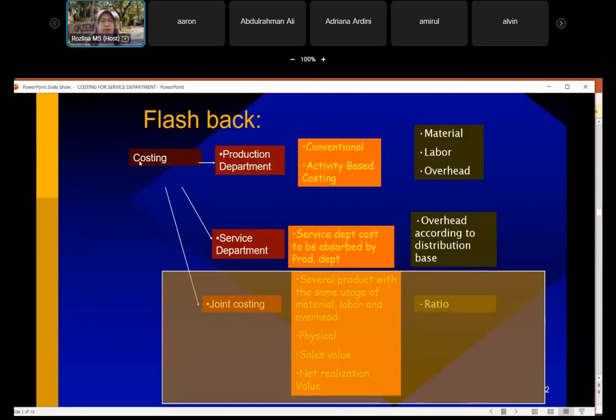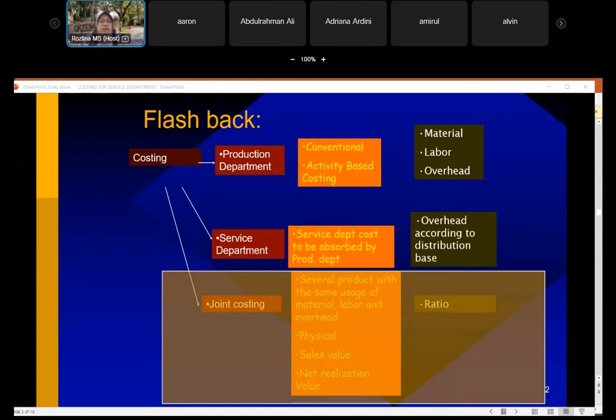Okay, flashback. You have costing for the conventional or traditional, and then you have activity costing for the production department. So you know that we have three types of cost, and that is material cost, labor cost, and overhead cost.